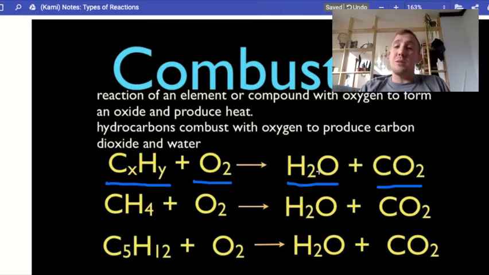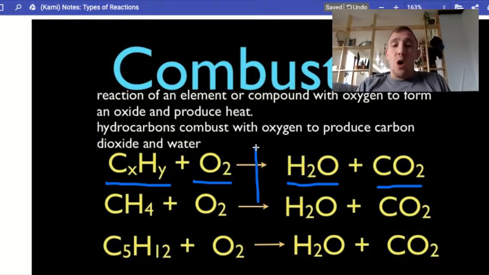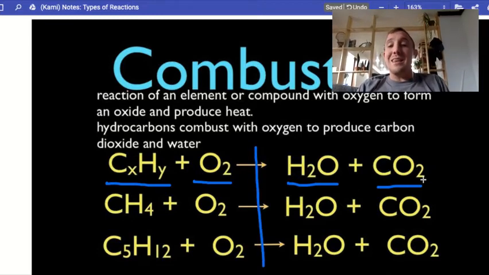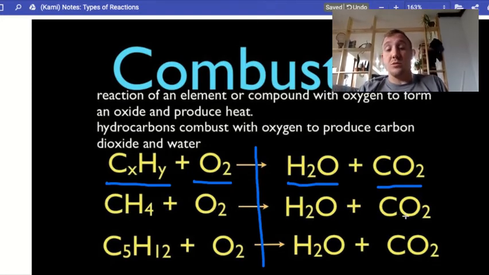The CO2 can be in front of the water, or the water can be in front of the CO2, but just know the water and CO2 are going to be the products. The hydrocarbon and oxygen are always going to be the reactants. So if we look, we have an example here. CH4 is my hydrocarbon plus O2, and once again, it's H2O plus CO2.